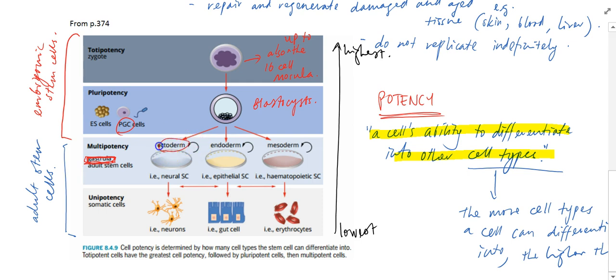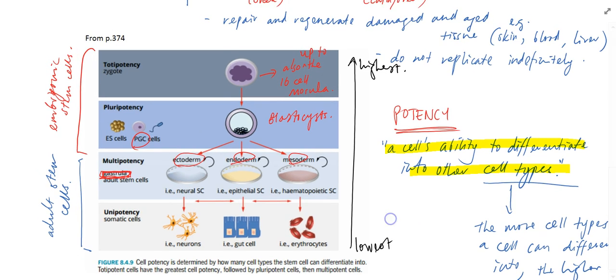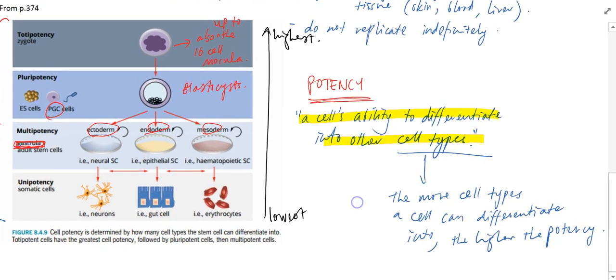And we'll look at what these are on another page. The ectoderm, endoderm, mesoderm. Okay, so, but pluripotent cells have a higher potency than the multipotent cells. It's important to know from where we would observe those kinds of cells.